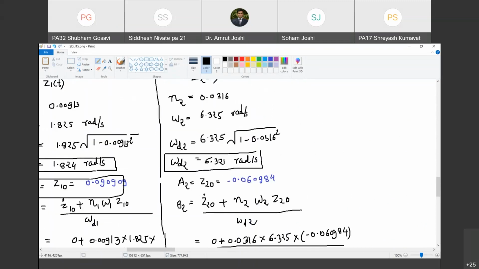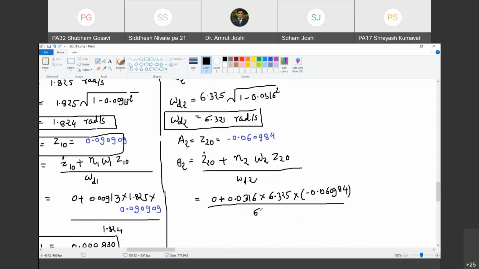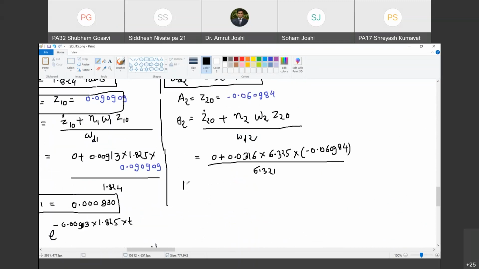What is the value of Z20 dot? 0. So this value is 0 plus eta 2, which is 0.0316, multiplied by omega 2, which is 6.325, multiplied by Z20, which is minus 0.060984, divided by omega d2, which is 6.321. So can you tell me the value of B2?